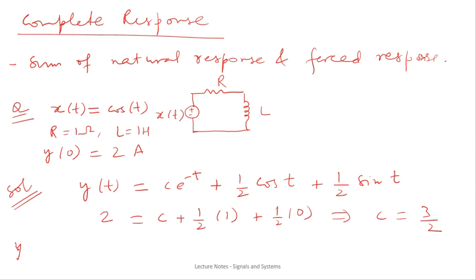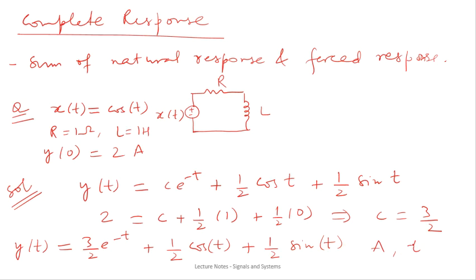So the output expression is y(t) equals 3 by 2 e raised to the power minus t plus half cos t plus half sin t amps, for t greater than or equal to 0.